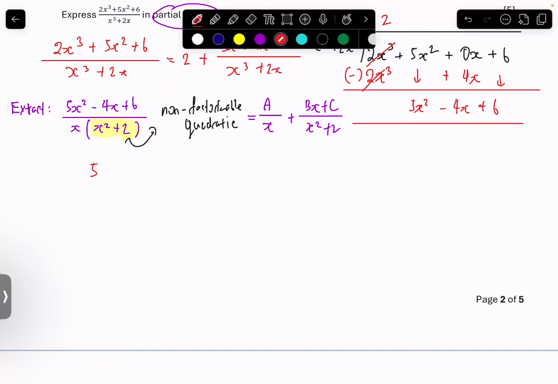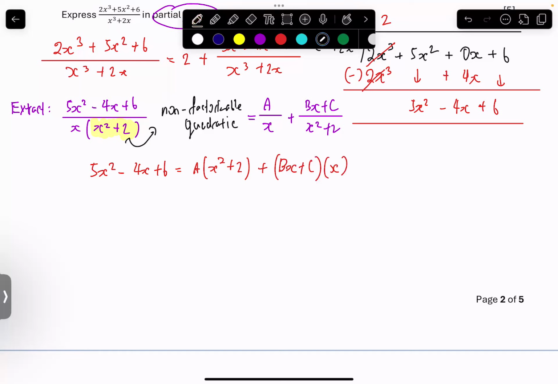So 5x squared minus 4x plus 6 is equal to, cross multiplying, A times (x squared plus 2) plus (Bx plus C) multiplied by x. In order to solve this, the first thing I'm going to do is let x equal 0.